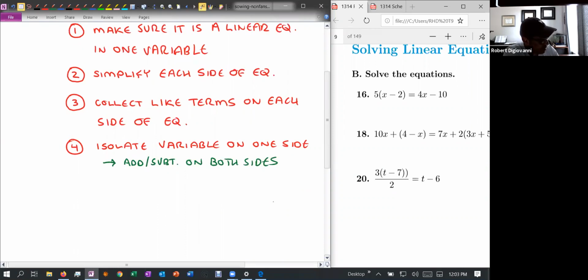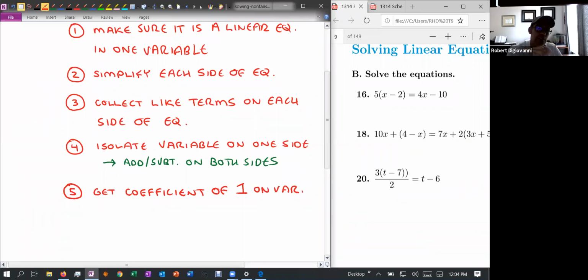And then the next step is to get a coefficient of 1 on the variable. Let me explain this when we do an example, it'll make more sense once I do that.